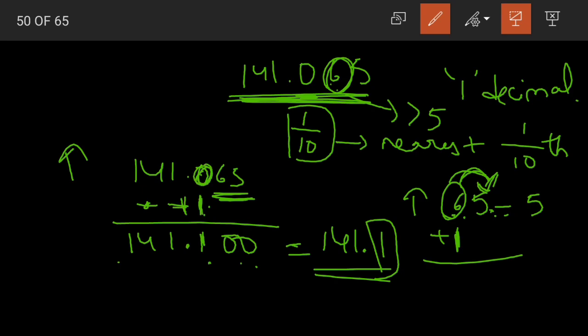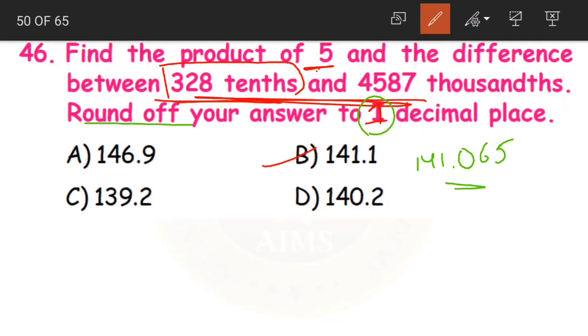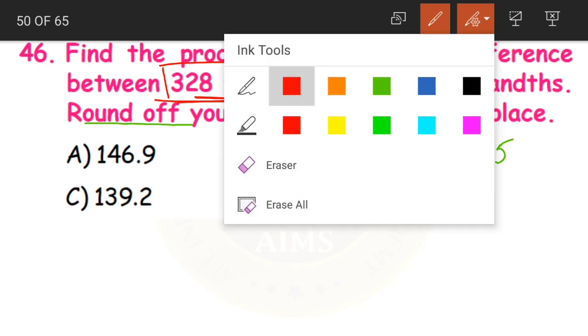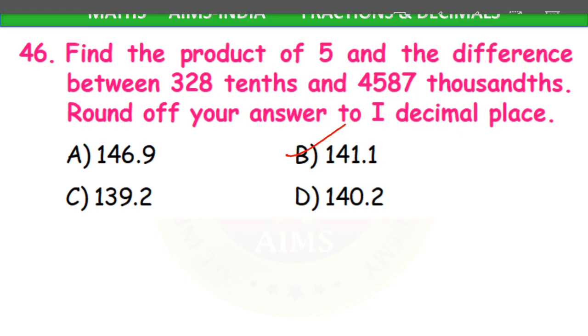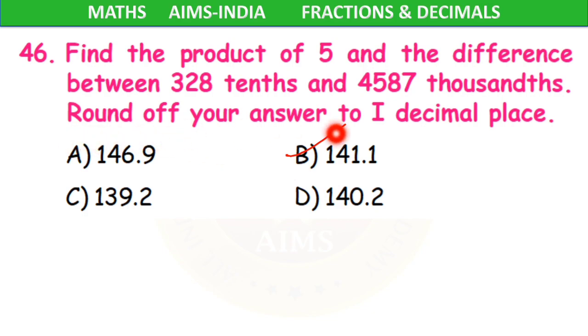So I am adding 1 to the 1/10th place. 6 plus 1 becomes 7, and the remaining digits after it become zeros. That is what we have done here. What is our final answer now? 141.1. Option B. So sometimes in the question they will ask you to round off the answer to 1 or 2 decimal places. So this is how you do it.